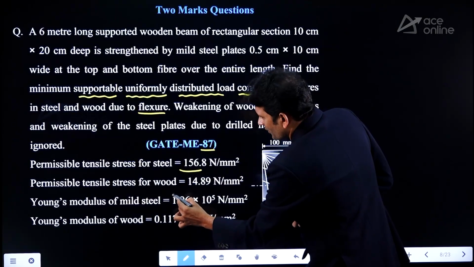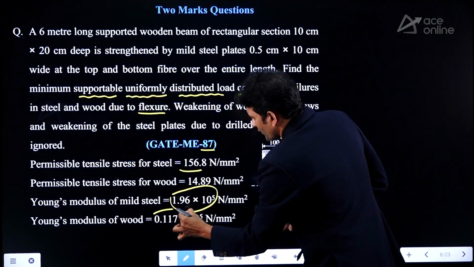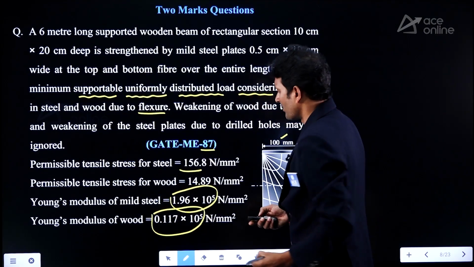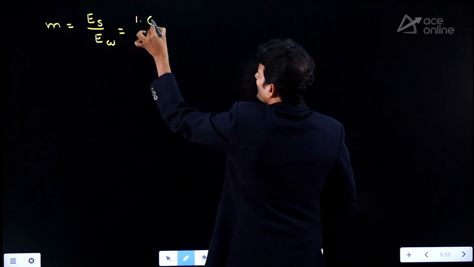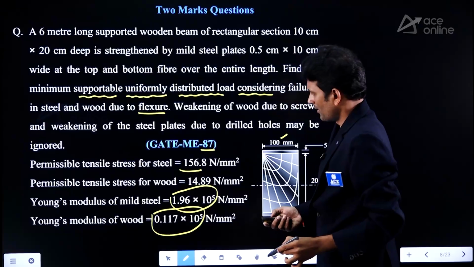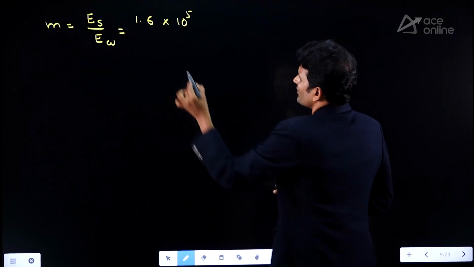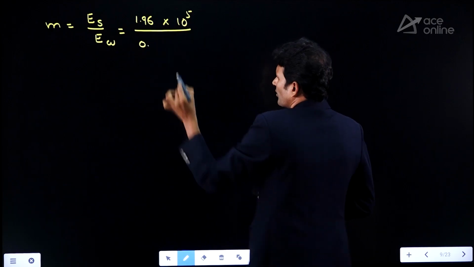Es is given as, look at here, 1.96 into 10 raised to 5, and Ew is given as 0.117 into 10 raised to 5. Let us take this one, 1.96 into 10 raised to 5 divided by 0.117.